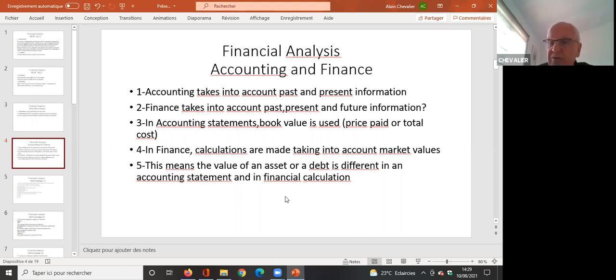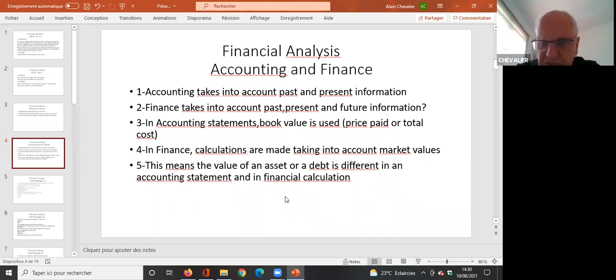But it is a kind of general rule, and it can be very close or very far from the market price of this production equipment on the secondary market.